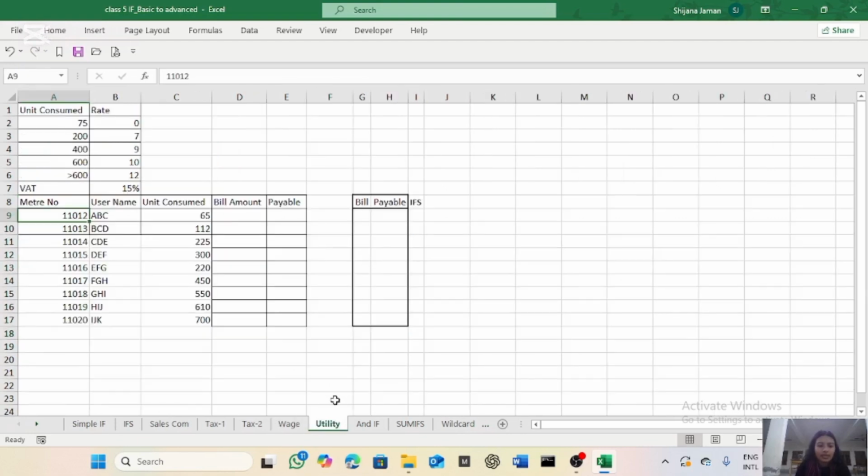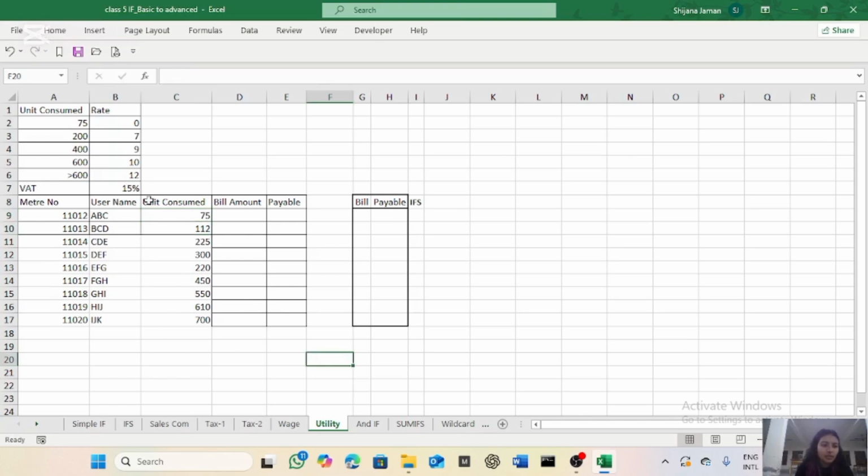Now we are calculating utility. So we have unit consumed, rate, VAT 15%, username, unit consumed. So we have a mistake here. 65 will be 75.